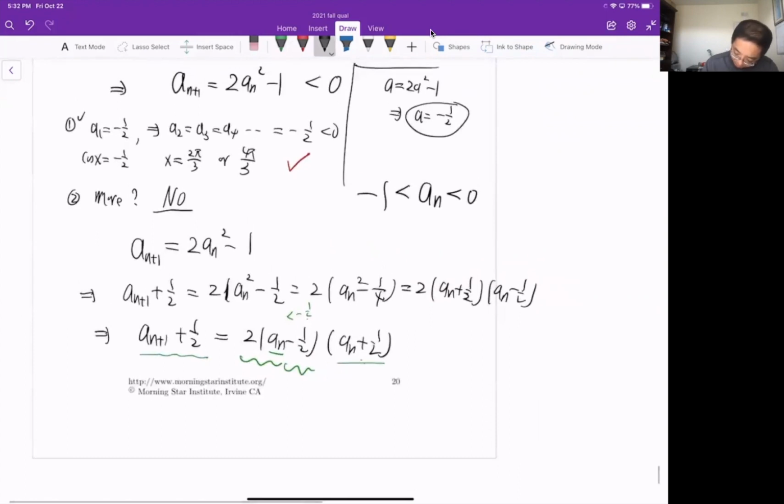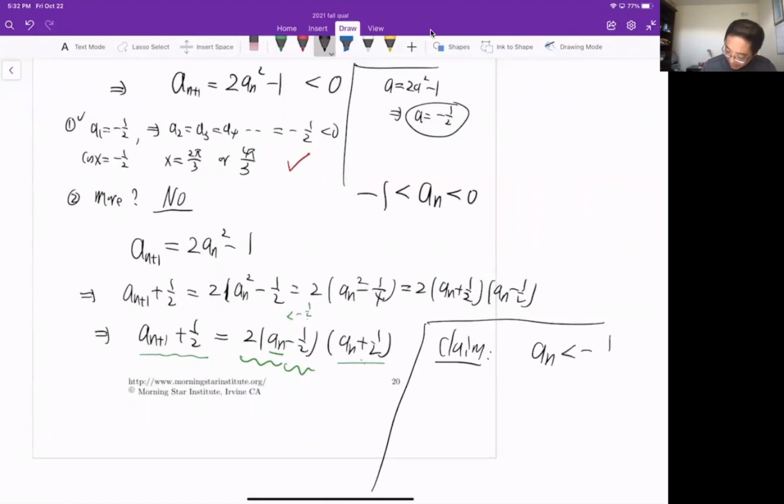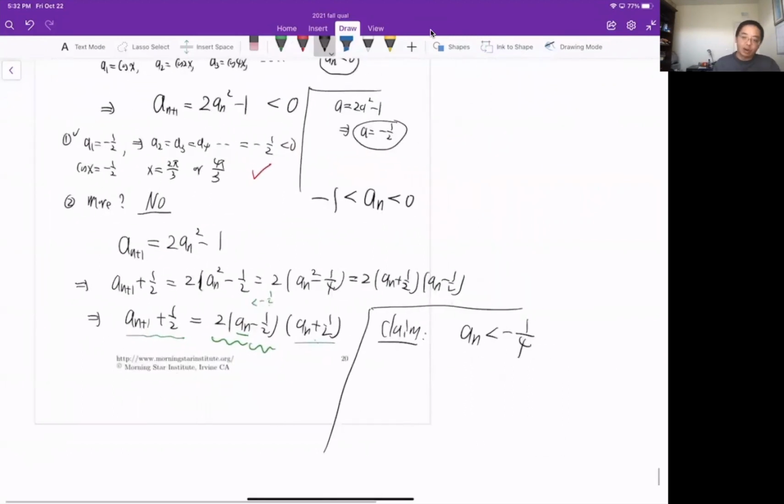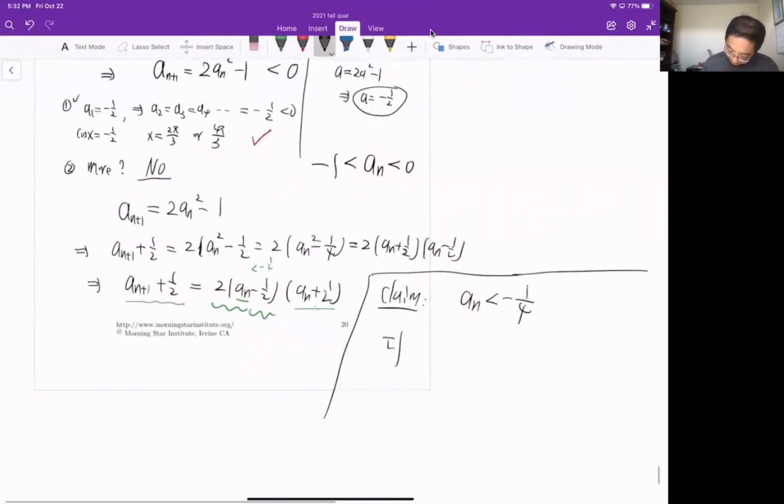Now I claim each a_n has to be less than negative 1/4. I just choose a number that is nice; you don't have to choose 1/4. But okay, let's say if not, let's say a_n is bigger than negative 1/4, but of course it has to be less than 0.